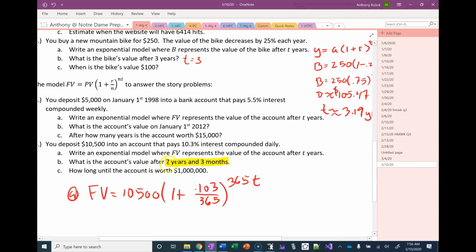For part B, I need to figure out a value for T, where T is time in years. So I need to convert 3 months into some fraction of a year. So how many months are there in a year? 12. So 3 months is how much of a year? Yeah, like 0.25, right? A quarter of a year. So I'll just put in 7.25.